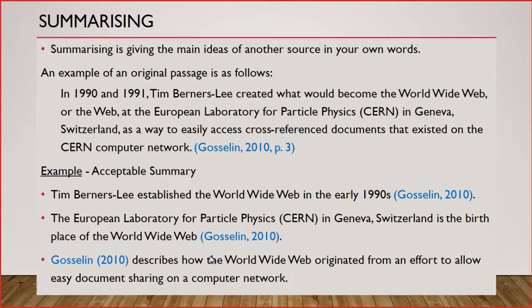Some things I do not want to include because I do not use them. So that is the difference between summary and paraphrase. Paraphrase retains all the main important points or ideas in that particular passage, but for a summary, you can be selective in what you want to take.